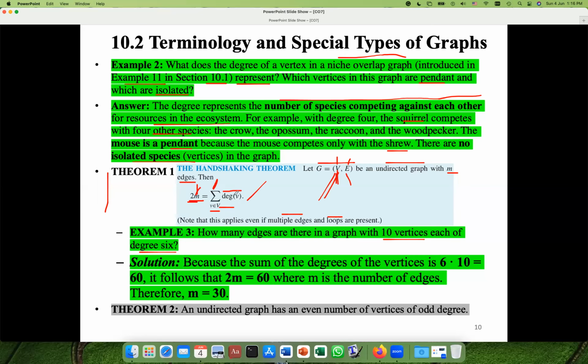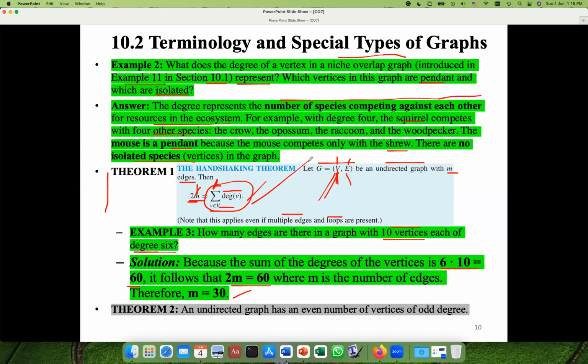With the equation 2m equal to the summation of degrees, you have the total number of vertices and each vertex has degree 6, so 6 multiplied by 10 gives 60 total degrees. So the right hand side is now 60. So 2m is equal to 60, and m is what? 30. In this way you can find the number of edges, nothing else.